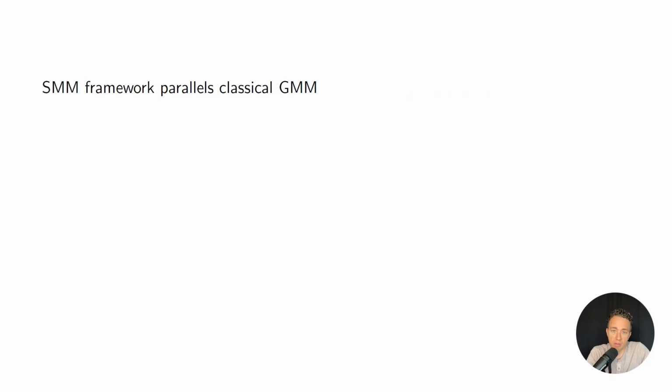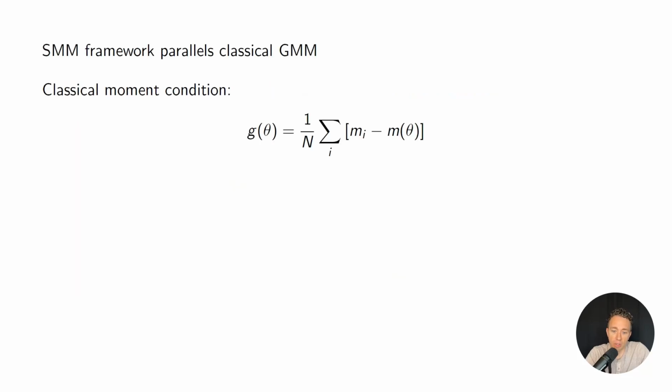So how does this SMM work? Well, basically our classical moment condition is we just take m from the data and we match it to m of theta from the model. So this is like y, and this would be x beta in the OLS model.